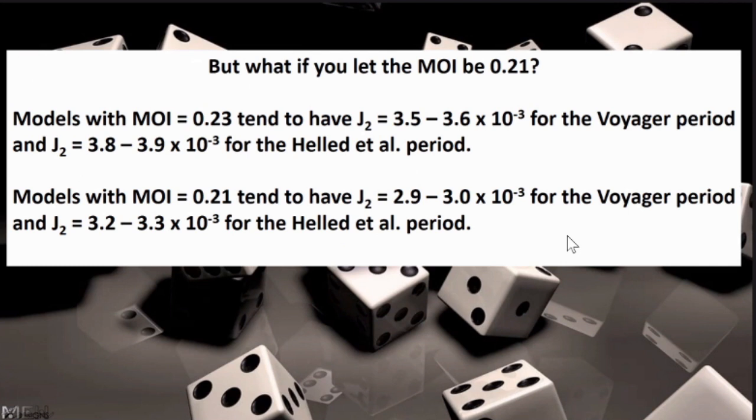If I use the Heller et al. rotation period, I get slightly larger values. But if I were to take a moment of inertia of 0.21, then I've tried the models, and you get something that's low for the Voyager period. You get something that's about right for the Heller et al. period. Maybe the right moment of inertia to use in these models is like 0.22. I haven't tried it yet, but let me show you what happens when you do 0.21.